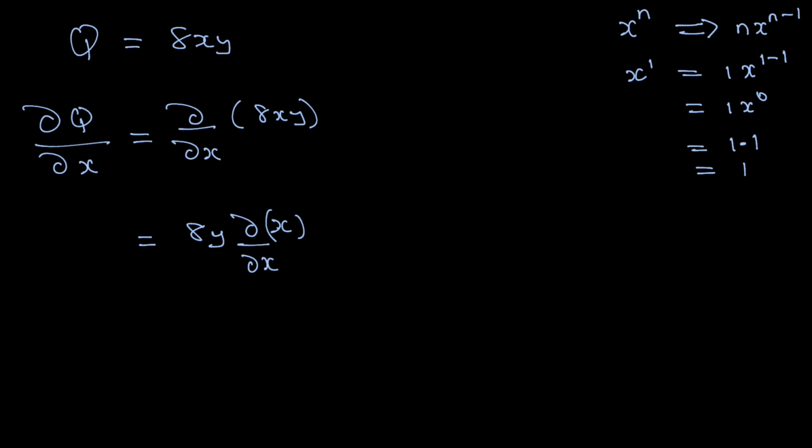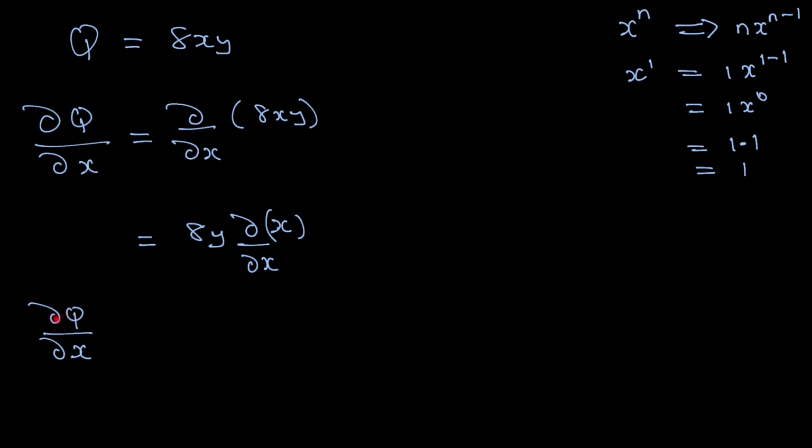When you're differentiating x to the power of n, the derivative will be n x to the power n minus 1. In this case, x is x to the power 1, so you put 1 there, and that's 1 times x to the power 1 minus 1. 1 minus 1 is 0. That will be 1 times x to the power 0, and that's 1 times 1, and that's 1. So this will be 1. Looks like you could cancel it out, but if you operate that on x, you get 1.